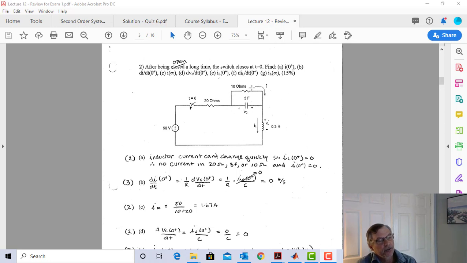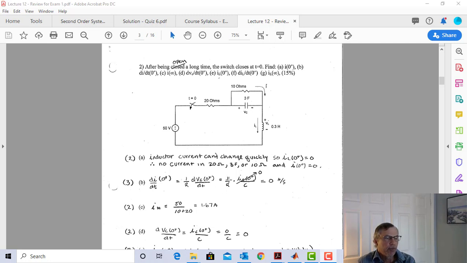We're asking for di dt in this resistor. So that is going to be equal to 1 over R times dVc dt, or dV dt for the capacitor divided by the resistance is going to give us di R dt. Make sure you're good with that.